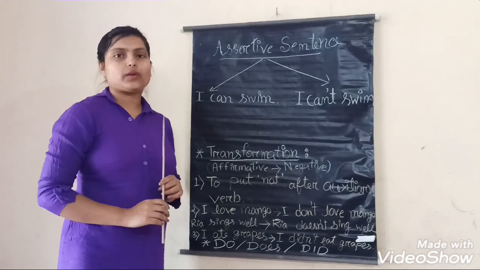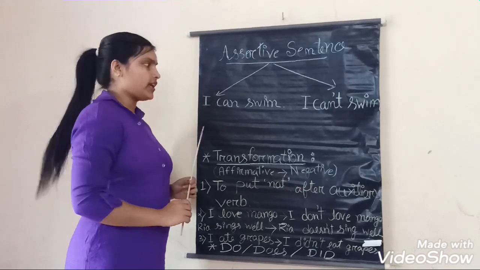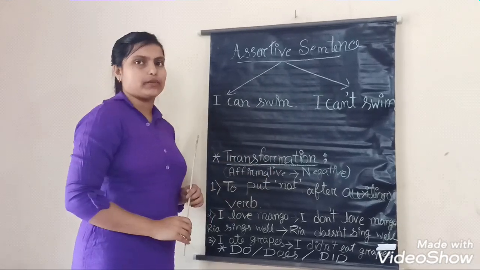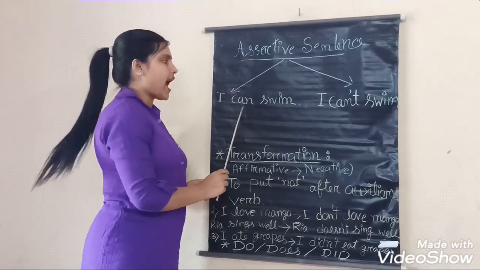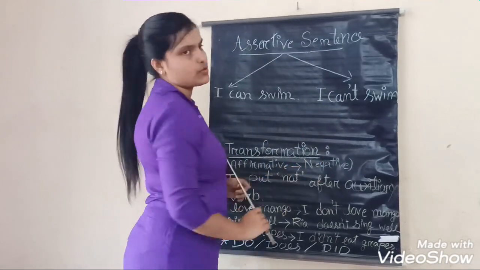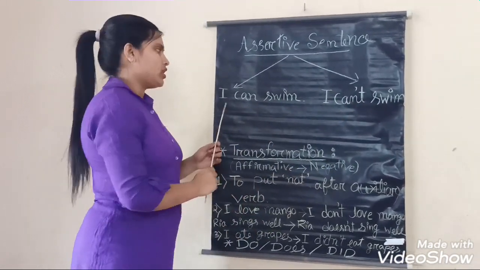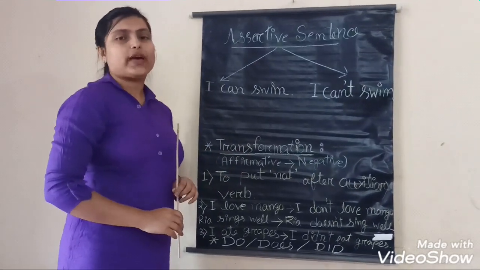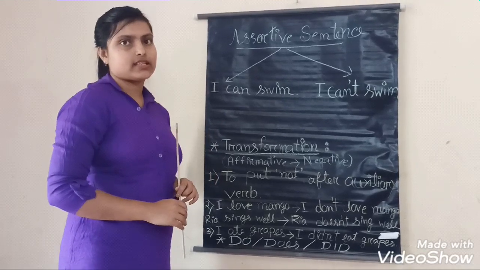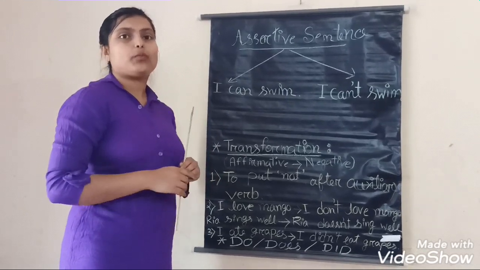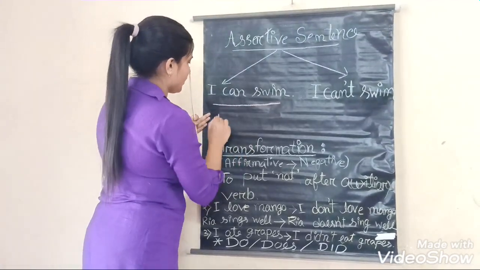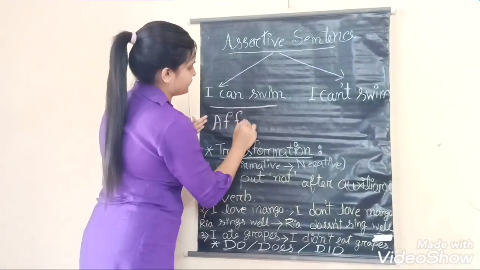To know the names of these 2 parts, again let us have a few examples. Here I have mentioned 2 examples. The first one is I can swim and the second one is I can't swim. From these 2 examples itself, we have got some idea that the first part of assertive sentence signifies a positive statement, which is known as affirmative.